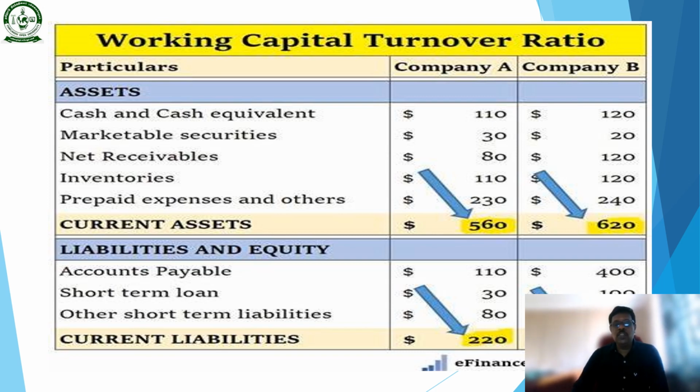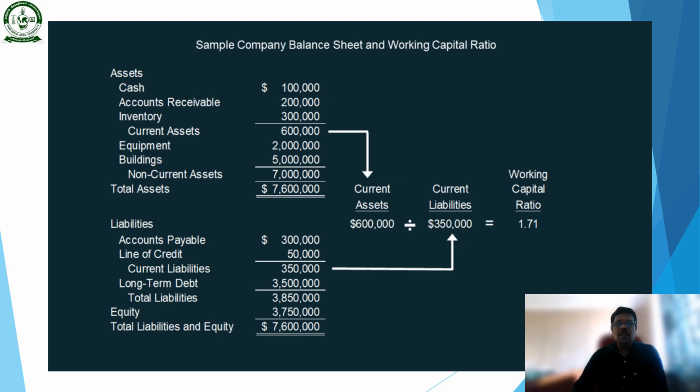Current liabilities are accounts payable, short-term finance, and other short-term liabilities. Current assets are easily converted into cash within a short span of time. Liabilities are payable to outsiders within a short span of time. So here, for companies A and B, we have the sources of current assets and current liabilities. The last one is a sample balance sheet for the working capital ratio.